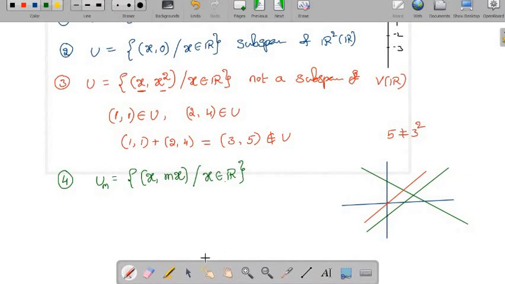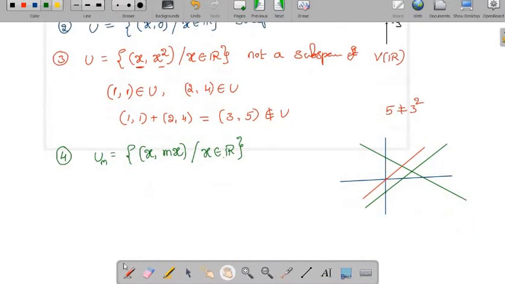Now we can see that this creates a vector space. The (0,0) element is present here. And you take two elements. Let me take (x, mx), and name them v1 and v2. Let me use x1 here, so (x2, mx2).